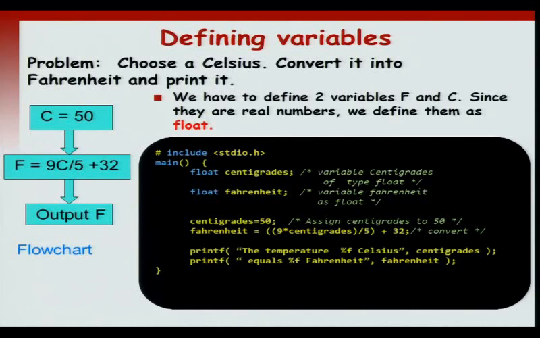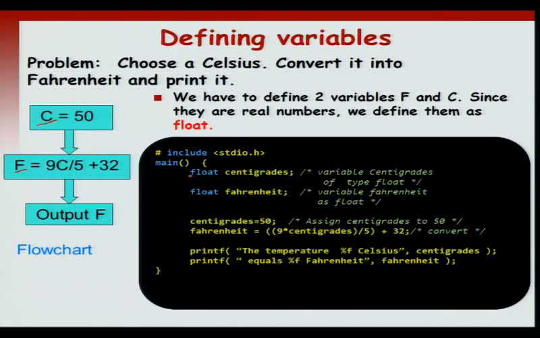Okay. So, in the flowchart we have seen that we have two variables C and F. These are the variables that we would want to implement in the C code. So, let us see how to do it. We write the following C program in which now we have two more components.